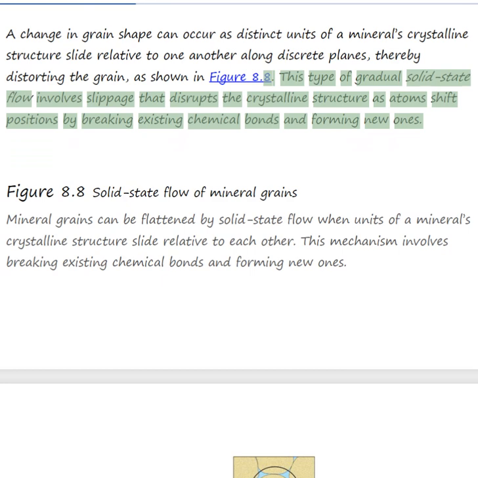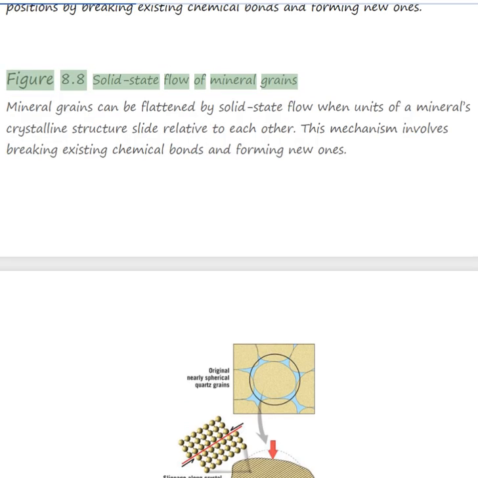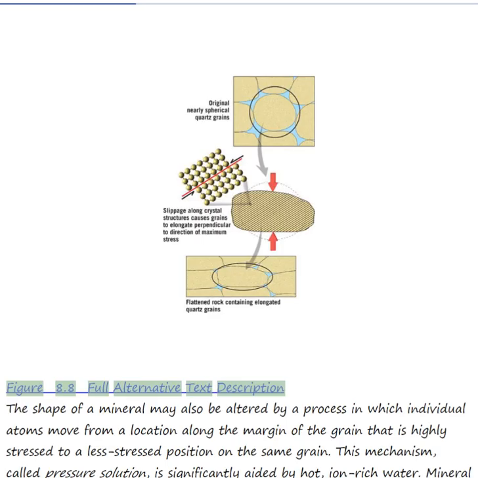This type of gradual solid-state flow involves slippage that disrupts the crystalline structure as atoms shift positions by breaking existing chemical bonds and forming new ones. Figure 8.8 Solid-state flow of mineral grains.